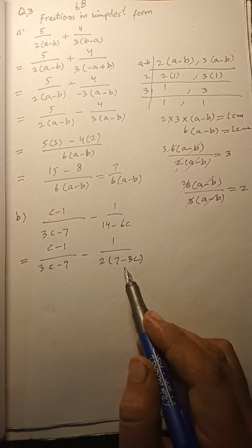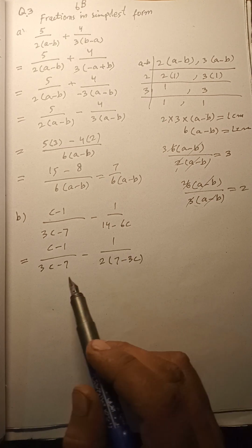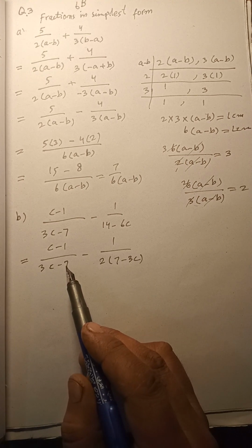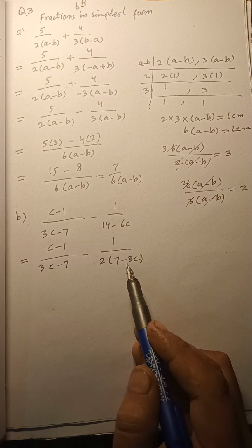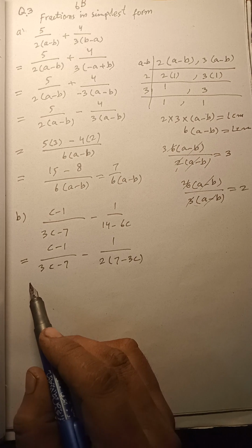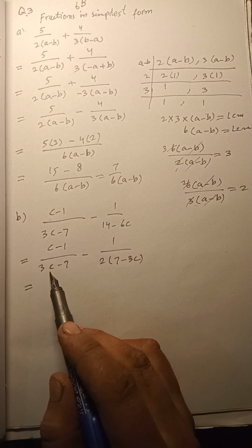Now this denominator has changed like that, but here is 7 and here is 7, and 3c and 3c. Both the denominators need to change their arrangement, so we should change the arrangement of this denominator or this, whatever you like.